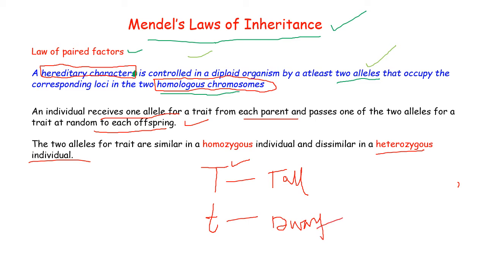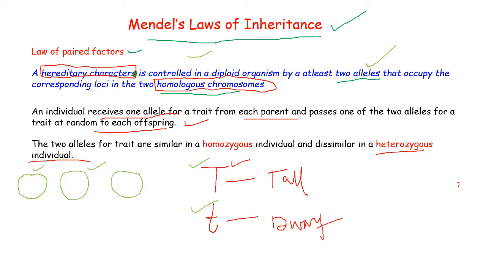Now we can have three types of individuals, since we receive one allele from the mother and one allele from the father: plant 1, plant 2, and plant 3.